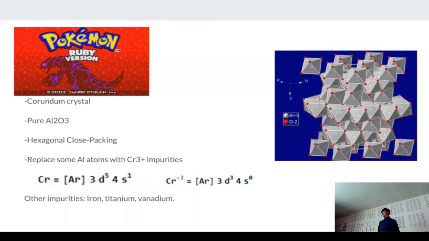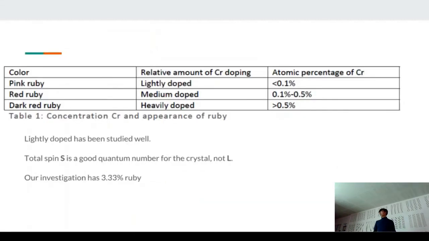If you want to make other things besides ruby, for example sapphire and maybe emerald, you introduce iron, titanium, and vanadium instead of chromium. So there are different colors. Sorry for the missing things here, but this is pink ruby, red ruby, dark red ruby.